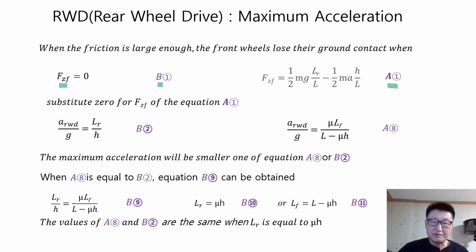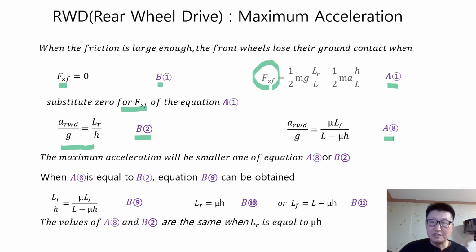Substituting 0 for F_ZF in equation A1, we can get equation B2. Again, we have already obtained equation A8 in the previous explanation. B2 represents the tilting acceleration, which means the front wheels lose their ground contact.